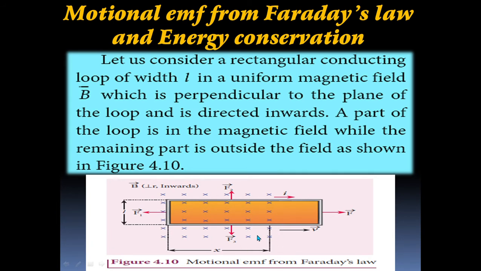A part of the loop is in the magnetic field while the remaining part is outside the magnetic field.